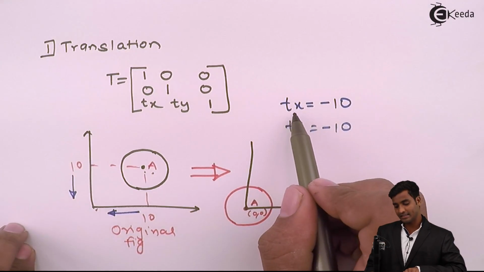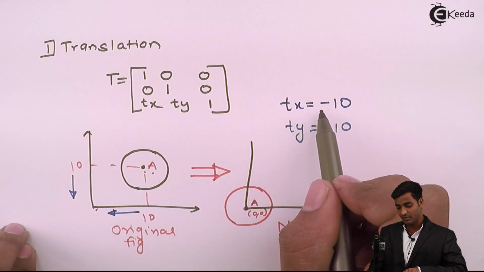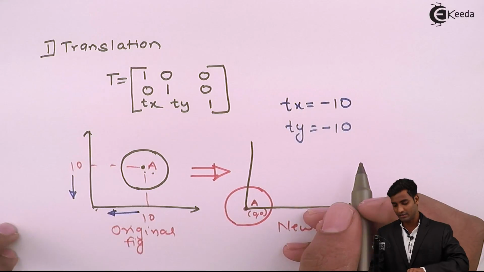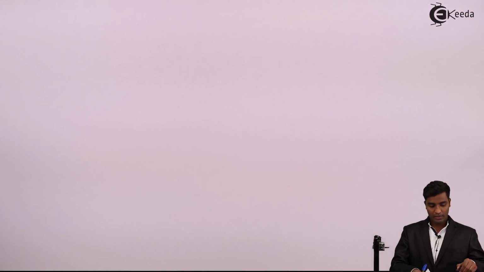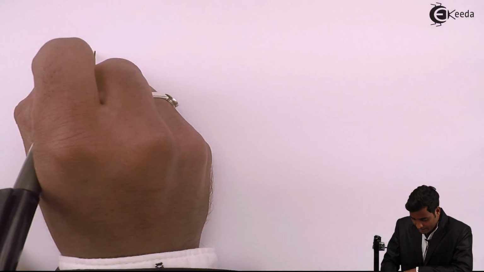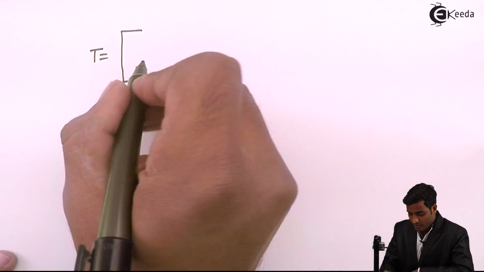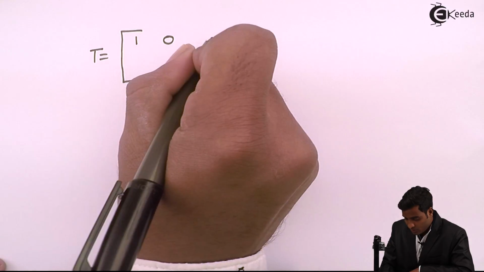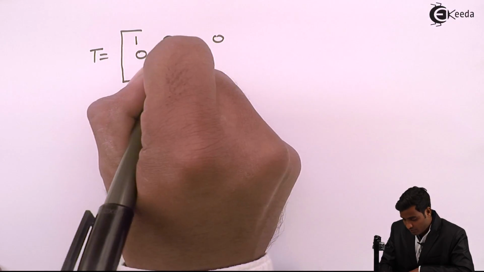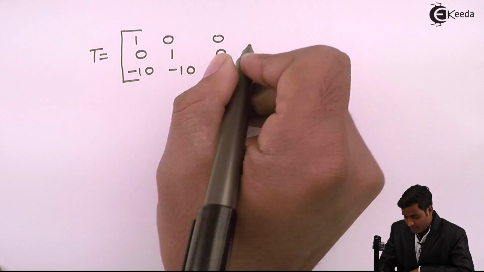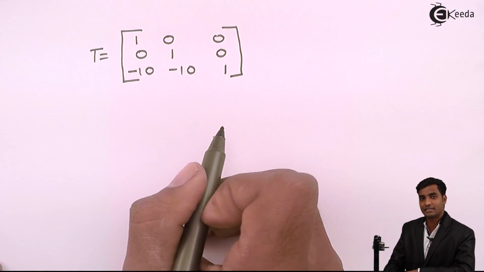Tx is the translation along the x direction, minus 10, and Ty is the translation along the y direction, minus 10. After replacing Tx and Ty, the translation matrix becomes 1 0 0, 0 1 0, minus 10 minus 10 1. So this is the translation.